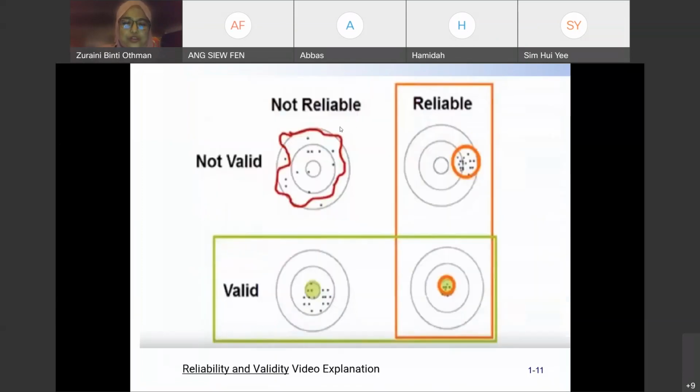From this picture we know that this is not reliable and not valid, because the points are separate and not on the target. What do we call reliable? Reliable is when things are closer to one another. For example, we produce a car, but it is not fast enough. Our target is to make a car that can go fast.